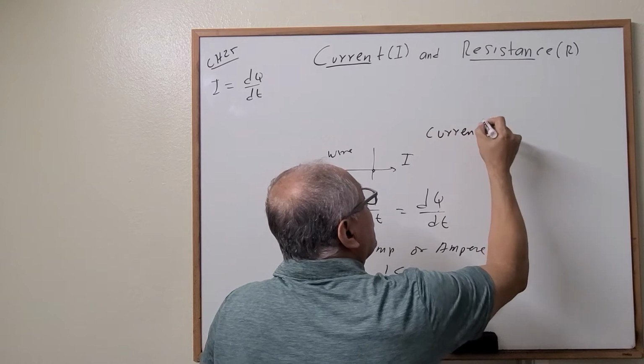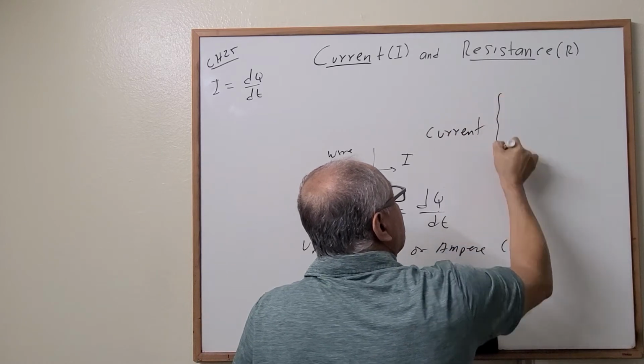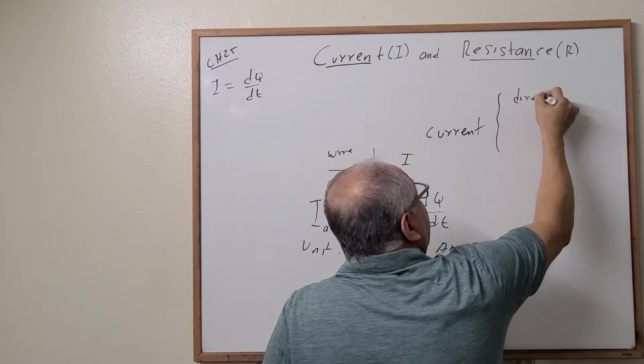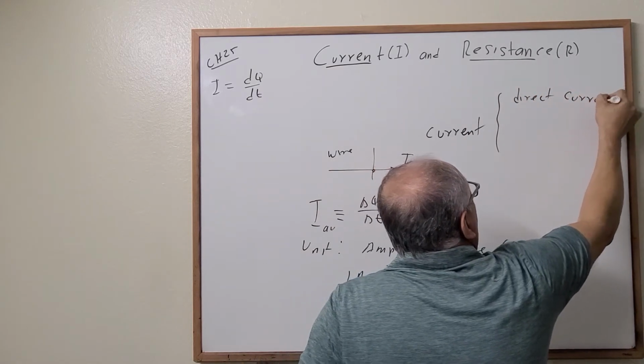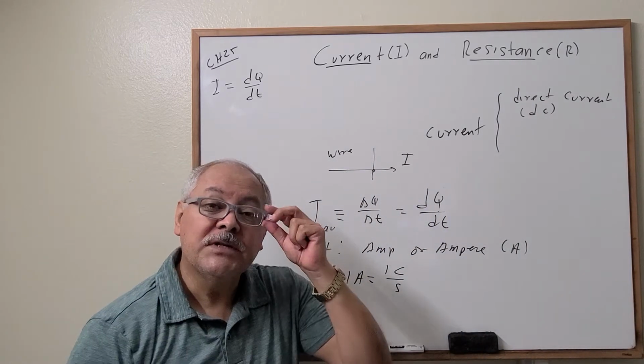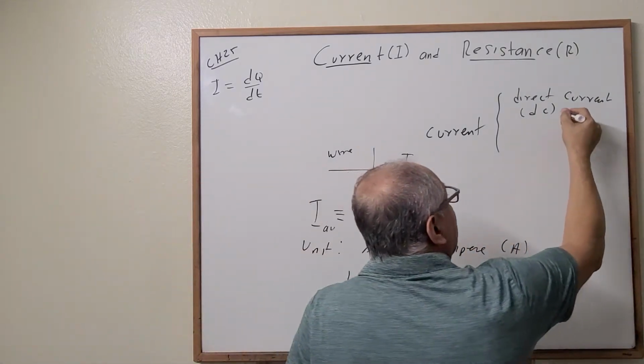Okay, great. Now, when we're dealing with current, we have two types so far. We divide current into two groups. We have direct current, DC. The main source is the battery. It's produced by the battery.